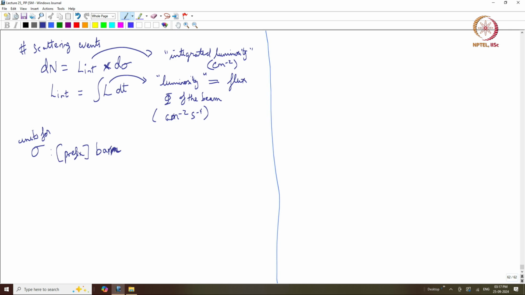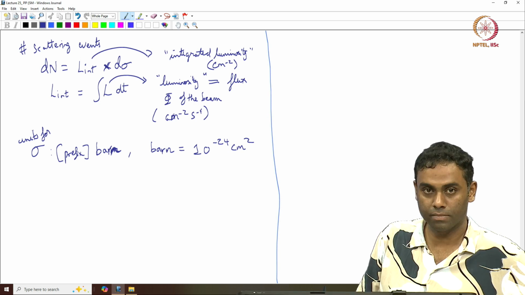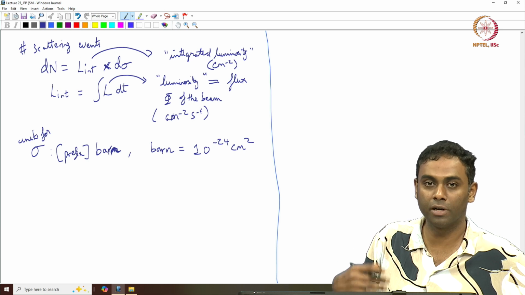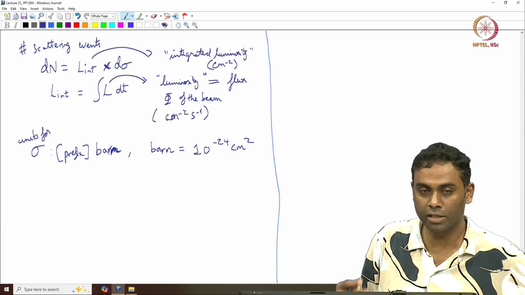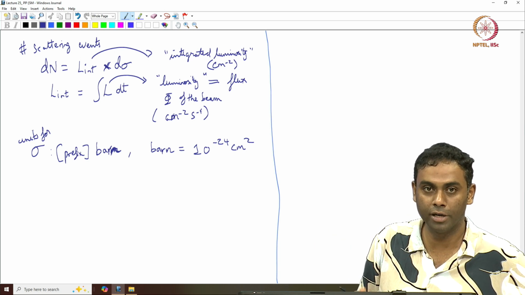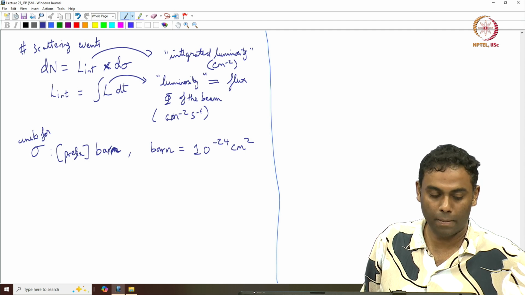Have you heard of this barn unit? What is a barn? It is 10 power minus 24 centimeter squared. Okay, it was introduced in nuclear physics historically, but now everybody uses it. Okay, this is a more convenient unit. Instead of every time saying 10 power minus 32 centimeter square and all that, we can just express in terms of barn, and you immediately know what people are talking about.